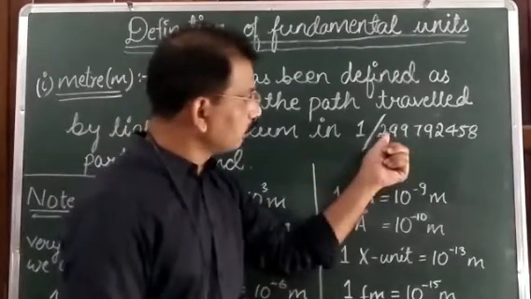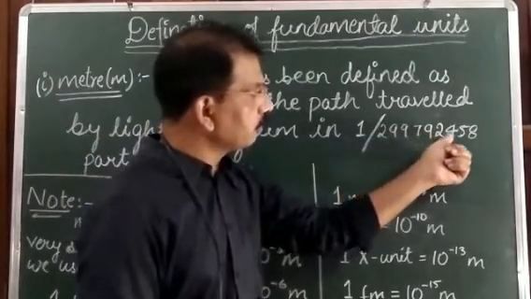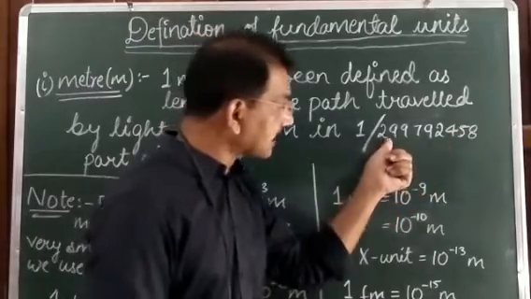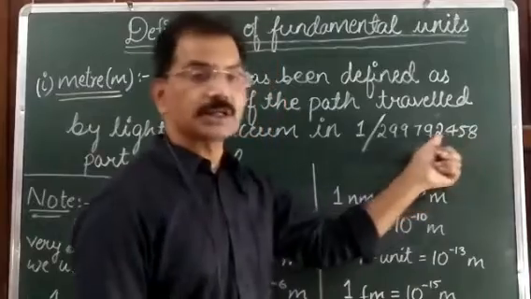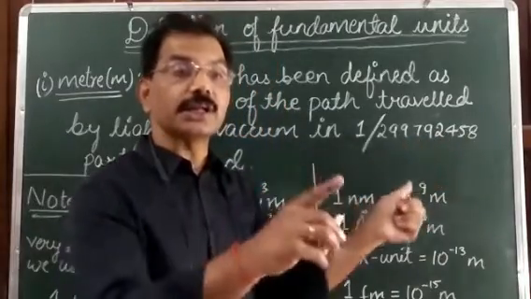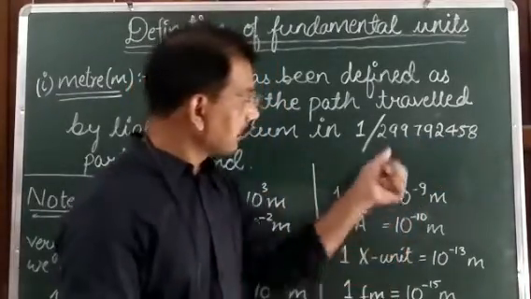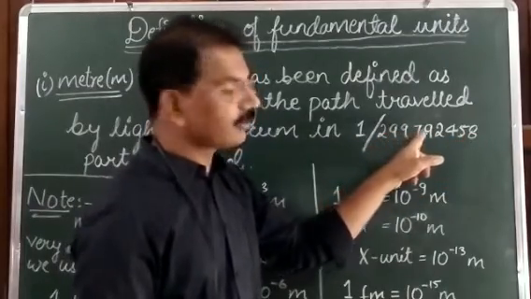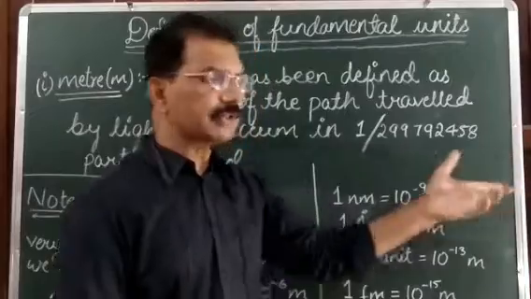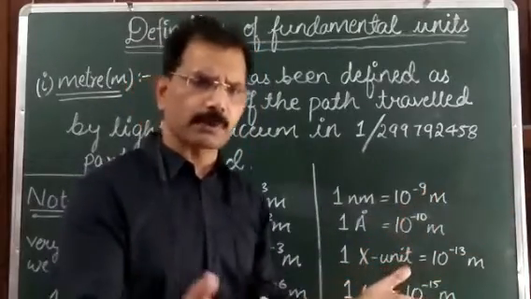Actually, 299,792,458 is the correct value of the speed of light, which is generally written as 3 into 10 to the power 8. But you can also write 2.99 into 10 to the power 8, which is approximately taken as 3 into 10 to the power 8.